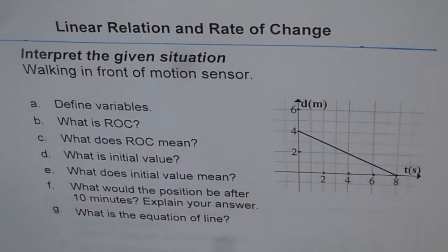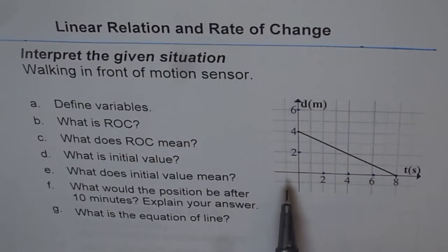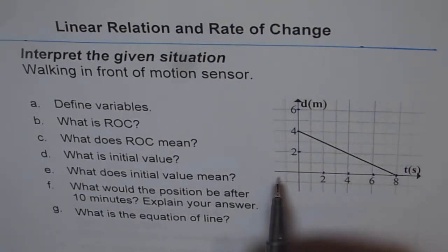Okay. So I'm not answering all the questions here, but I'm giving you some suggestions which will help you write good answers. Here are my suggestions. As a part of analyzing a graph, you should always look into the graph first. When you're looking into the graph, important to note is what are the variables defined on the dependent and the independent axis of the graph.